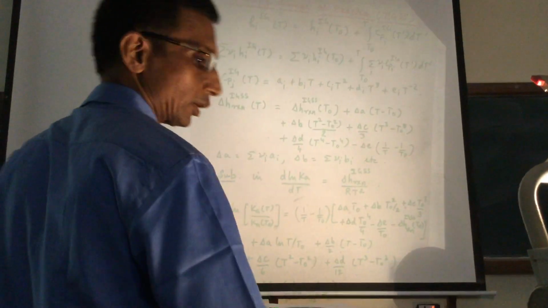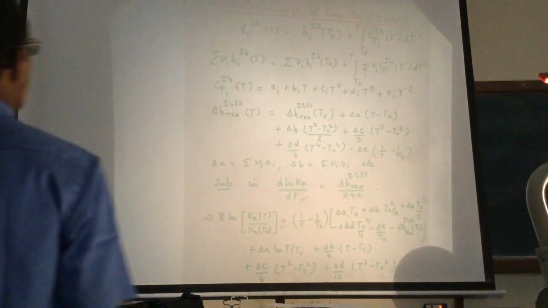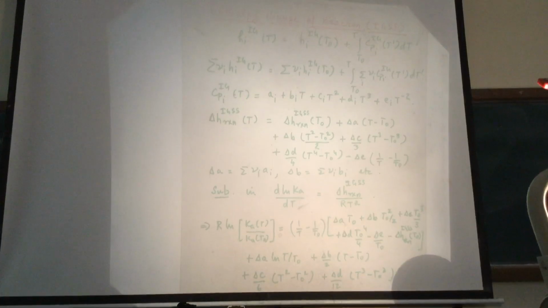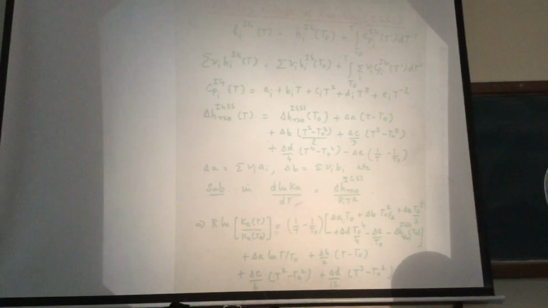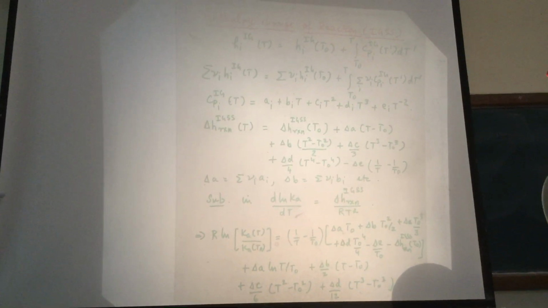Very straightforward. Yeah, this is now clear. So this is exactly what I have done. T naught, I have made it. T naught is 298.15. Right?